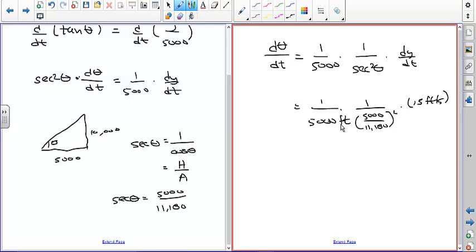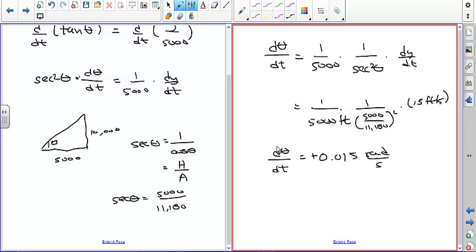Remember, this is feet, so we'll end up with inverse seconds, which is radians per second. So let's see what we get here. We get 11,180 squared divided by 5,000 cubed times 15. And so I get d theta dt is plus 0.015 radians per second. That's d theta dt.